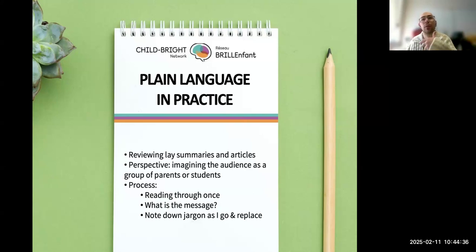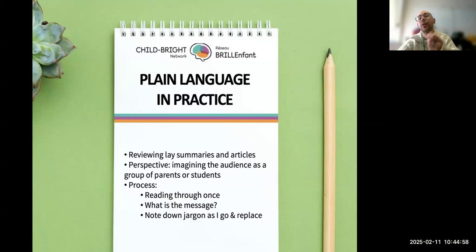And then I also try to read the article and understand what the message of that article is. That also involves trying to summarize it in my own words. And I also try to identify where the phrases and words are that are considered academic jargon. A simple example, right?